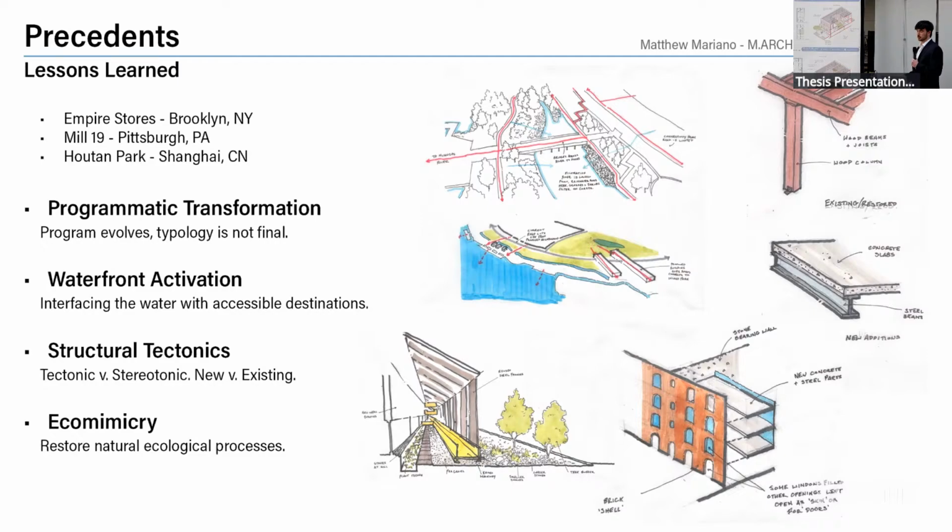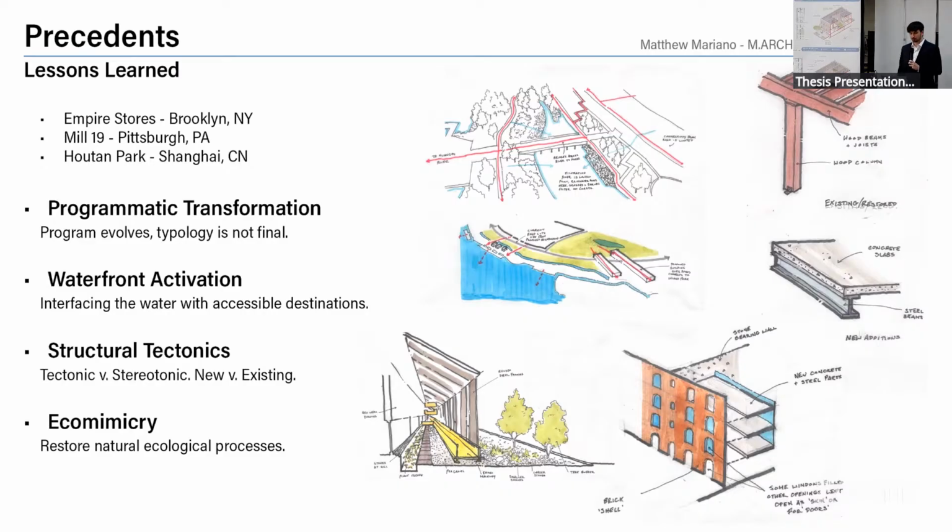Those included programmatic liquidity, which was the ability of the building to evolve with necessity, shedding its past programmatic function and typology, adjusting throughout time and with the needs. Another big element was waterfront activation. Creating a public space on the waterfront was vital to attracting people to come to the site and create interest in the area.